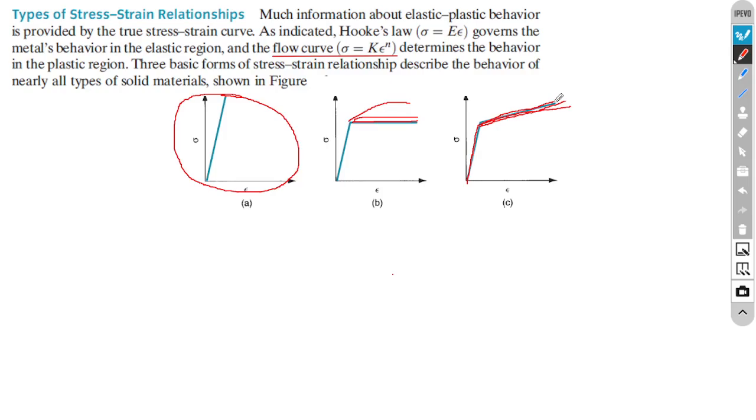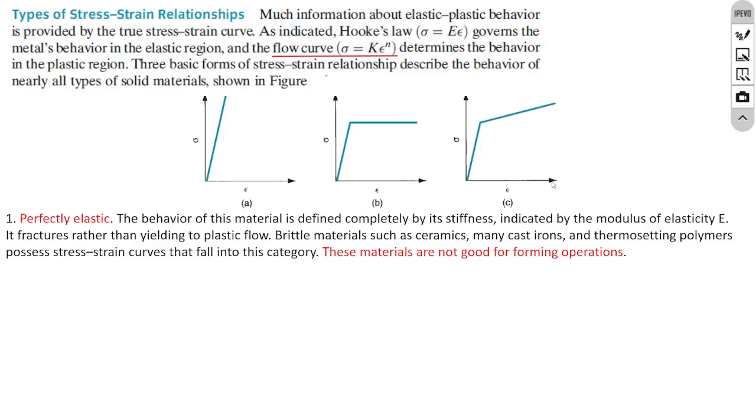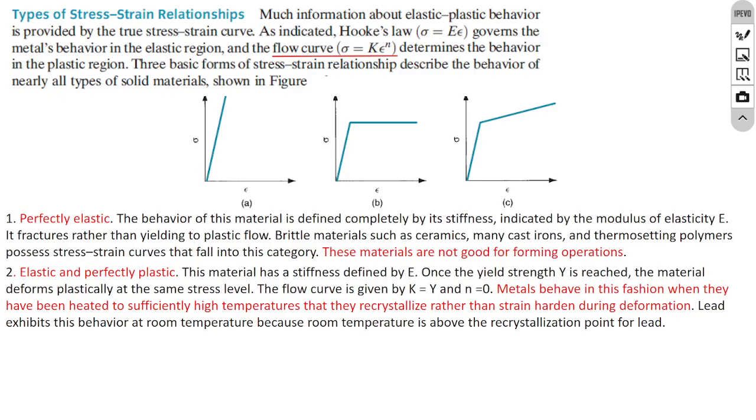To be able to continue to deform the body, we need to increase the external loads, need to have greater stress values. Perfectly elastic materials are not good for forming.